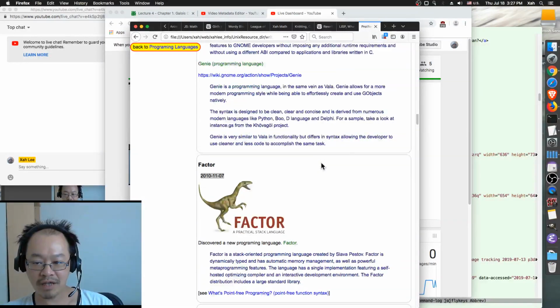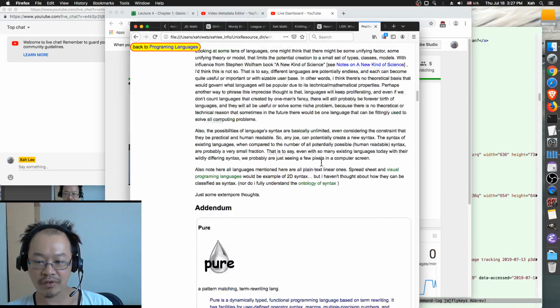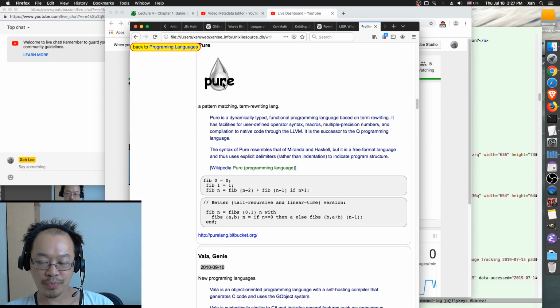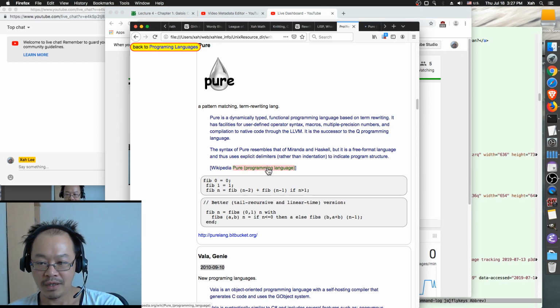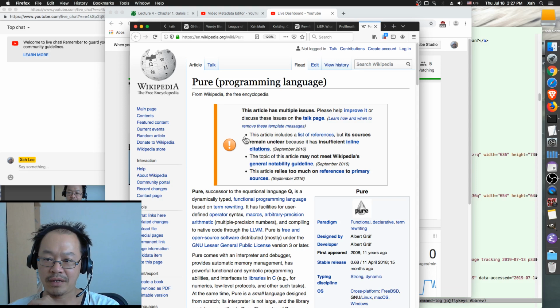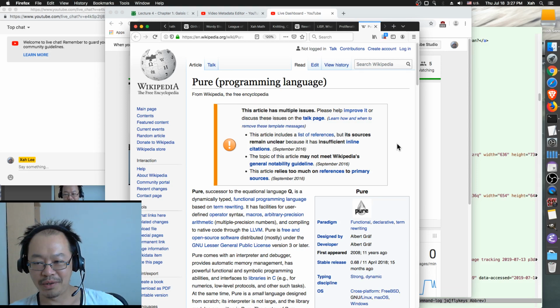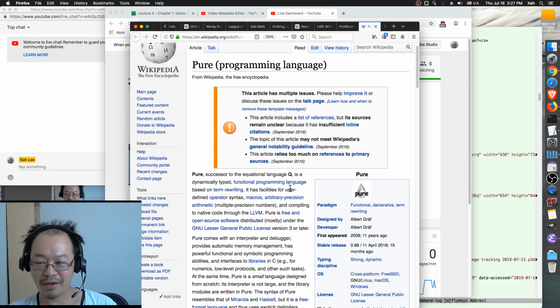Then it's a collection of new languages. For example, this language, Pure, is a pattern matching language. Pure is a dynamically typed functional programming language based on term rewriting. It has facilities for user-defined operator syntax, macros, multiple precision numbers, and compilation to native code. Blah blah blah. At one time, Wikipedia wanted to remove this article.